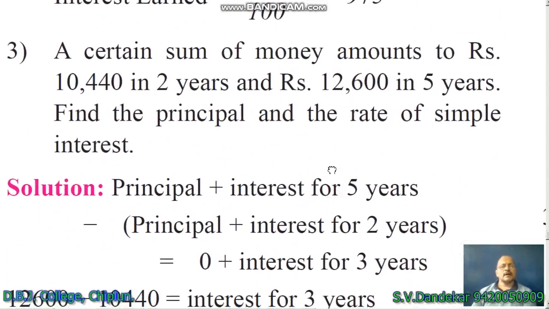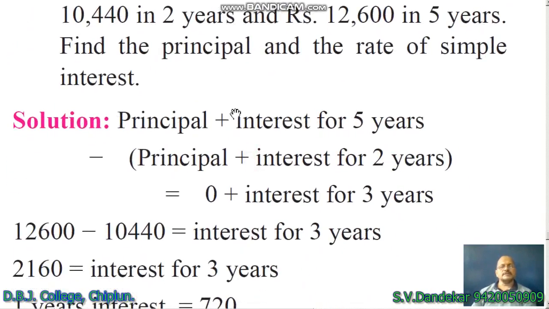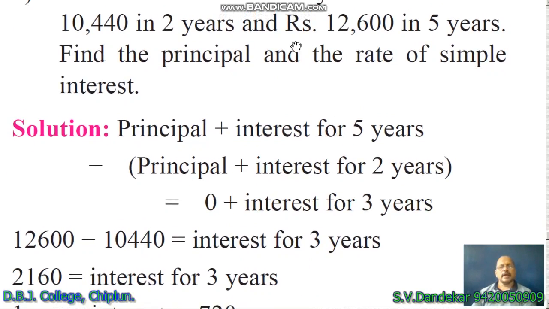Third one, a certain sum of money amounts to rupees 10,440 in 2 years and rupees 12,600 in 5 years. Find the principal and rate of simple interest. Now principal plus interest for 5 years is this amount, and principal plus interest for 2 years is the amount 10,440.